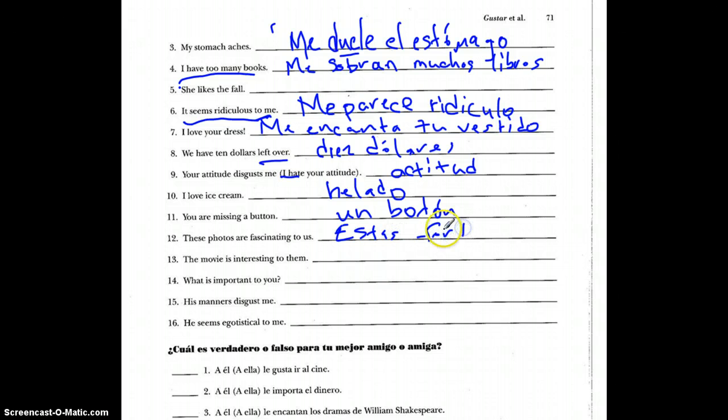And then the verb is actually the fascinating thing. Sorry about that. Fotos. The movie, la película. And then find, there's the verb right there. What's important to you? Of course, qué. And it's you, and then this verb right here, important.